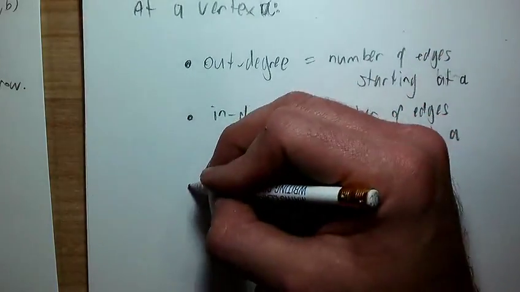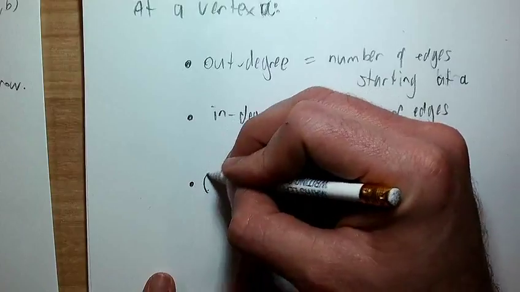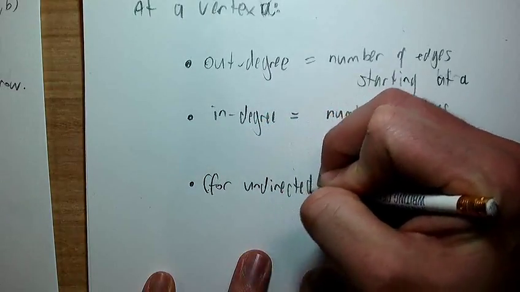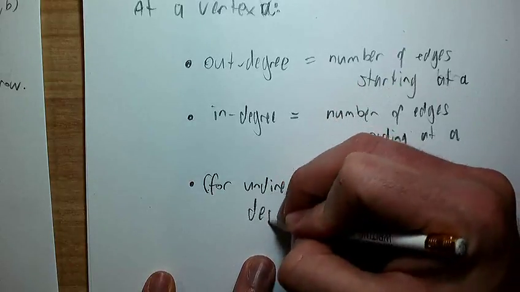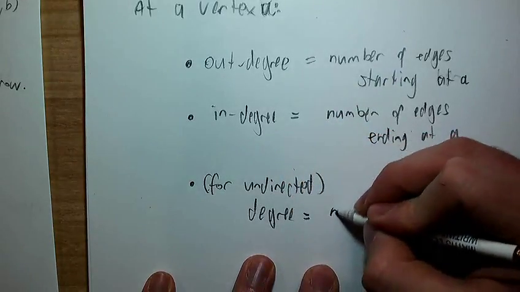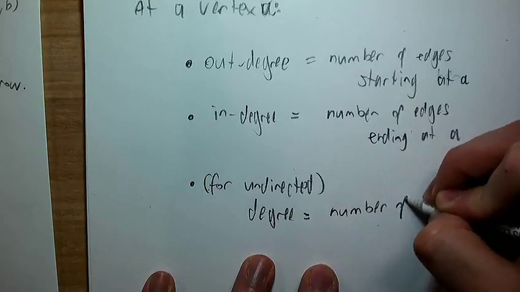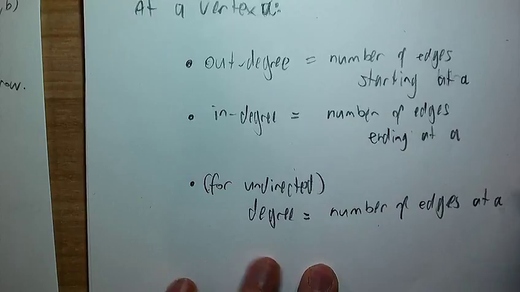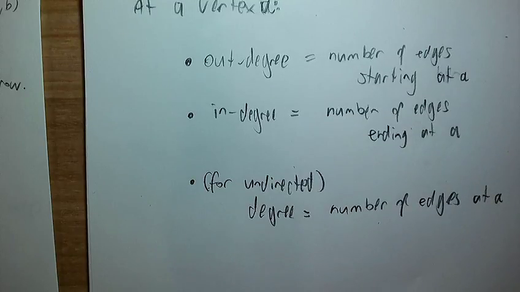So for undirected, the degree is the number of edges at A. But this is in the new definition of undirected where we don't draw both directions in the graph.